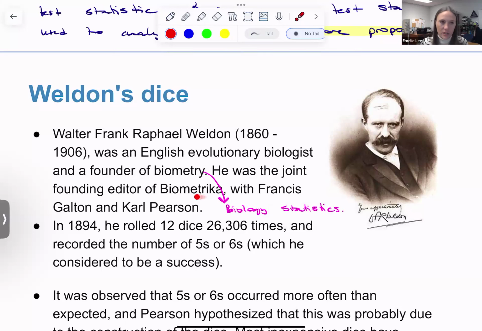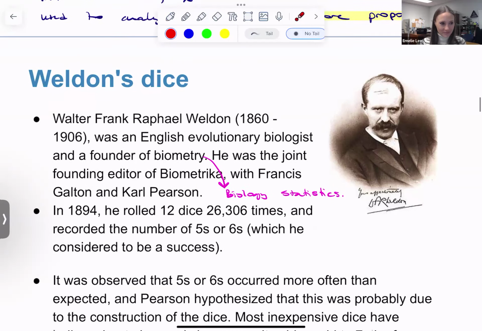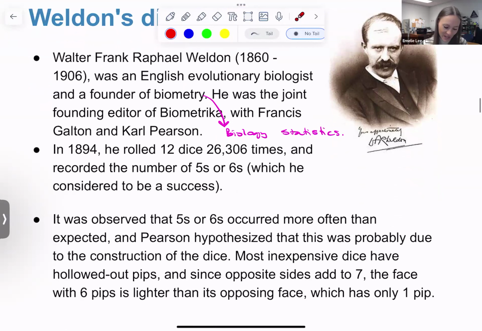Biometrika is a journal, and I think it's still around, but I haven't checked, so could be a lie. In 1894, for some reason, he suspected fives and sixes on a six-sided die would appear more often than the other sides.